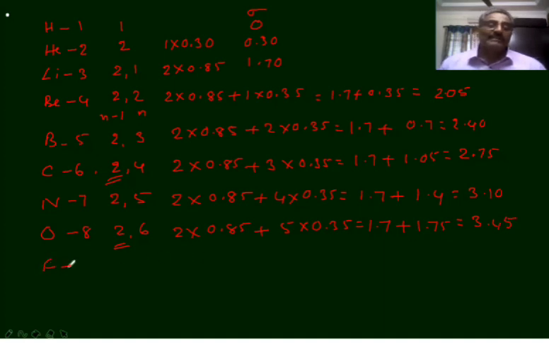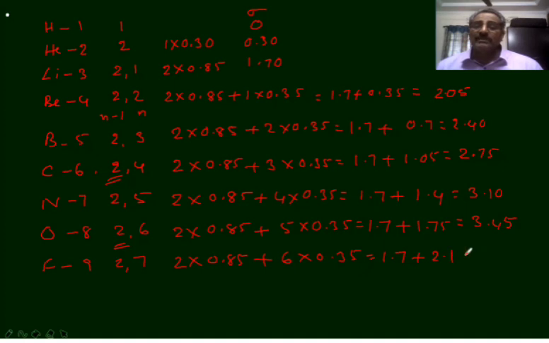For fluorine with atomic number 9, electron distribution is 2, 7. In the same way, the screening effect is 2 into 0.85 by the inner electrons and 6 into 0.35 from the valence electrons other than the electron under observation, that is 1.7 plus 2.1, that is equal to 3.8.